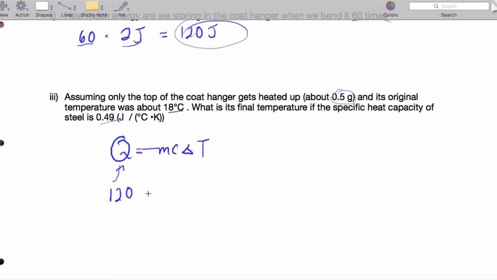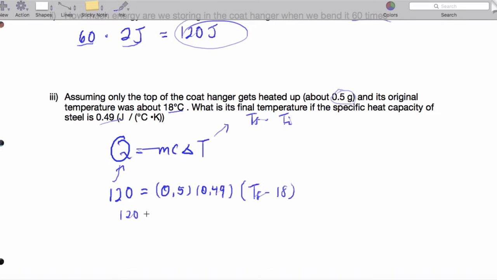So we have 120 equals 0.5 times C, which is 0.49. And then our delta T, let's be clear, that's T final minus T initial. I think I should actually put that on your formula sheet, and I will do that. So that's going to be T final minus the 18 degrees we have here. Let's be careful in how we do our math.